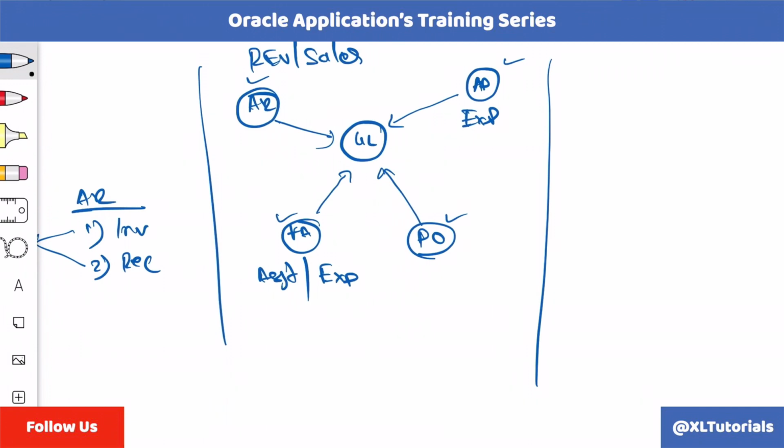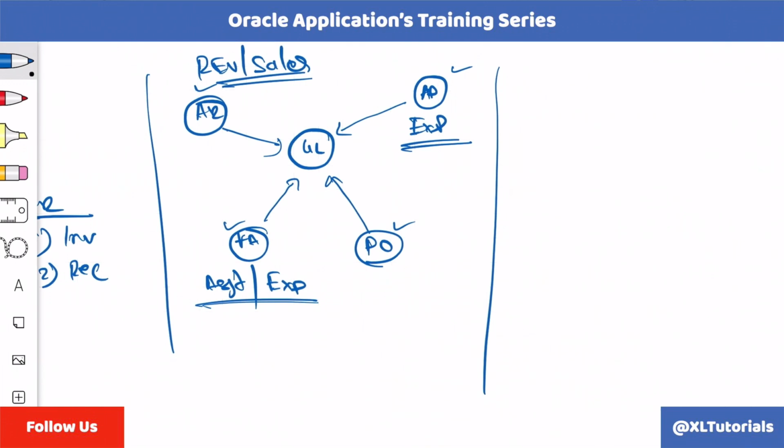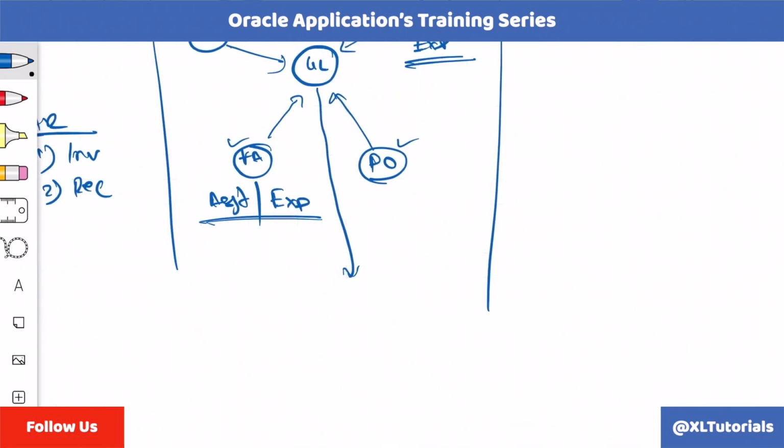Each individual module is doing a different function, but if you need a complete picture of the organization, what the profit and loss is and what its asset position is, then it comes to GL, and from GL you get your balance sheet and P&L accounts, right?